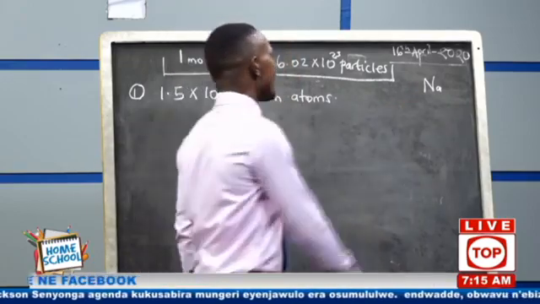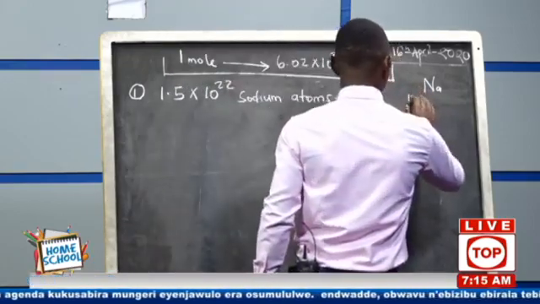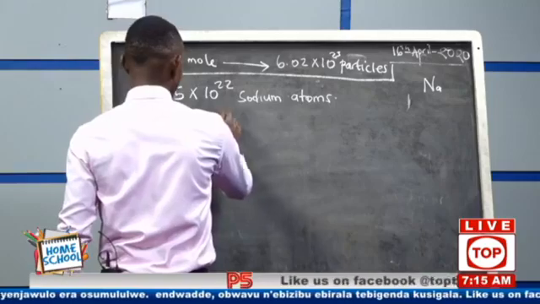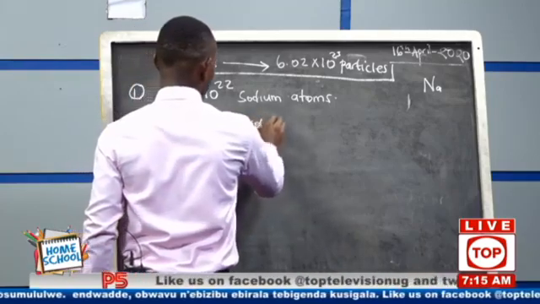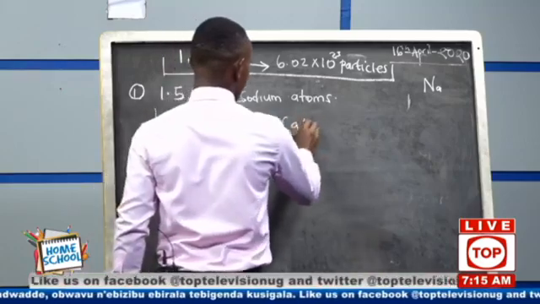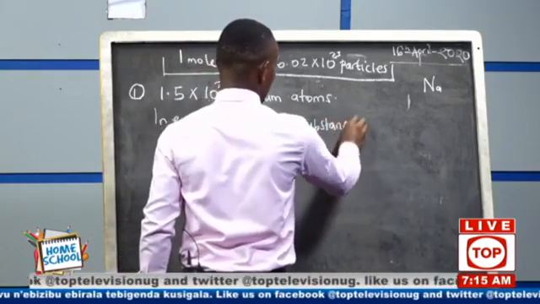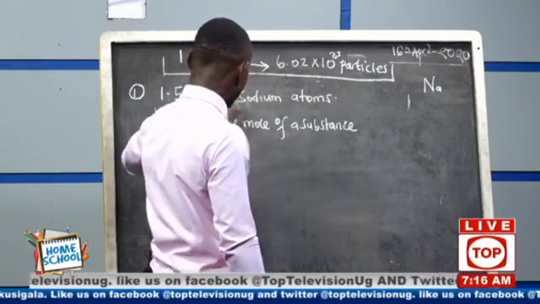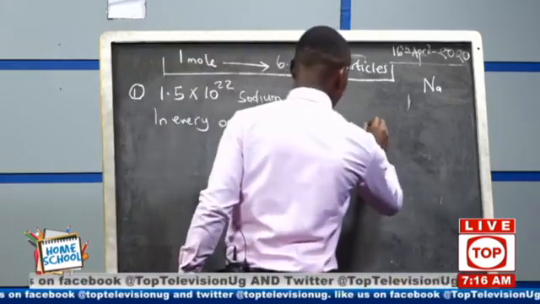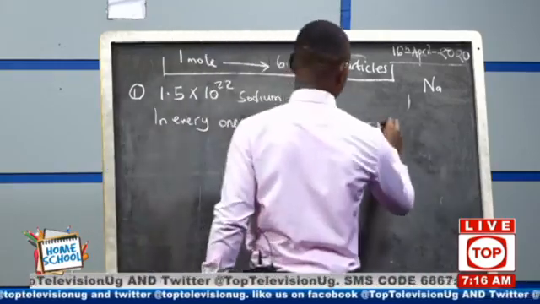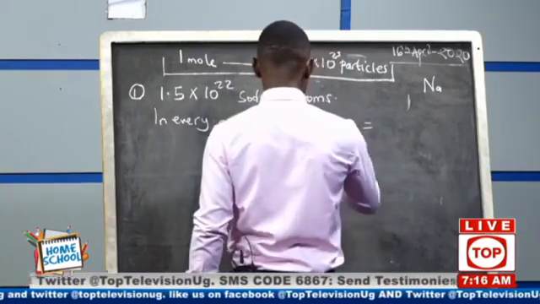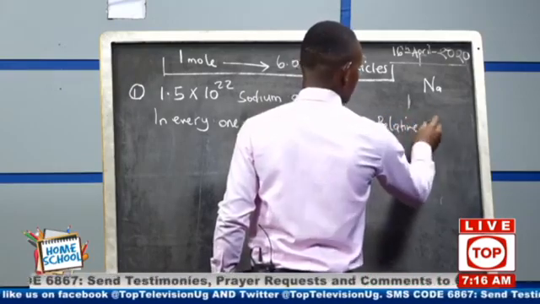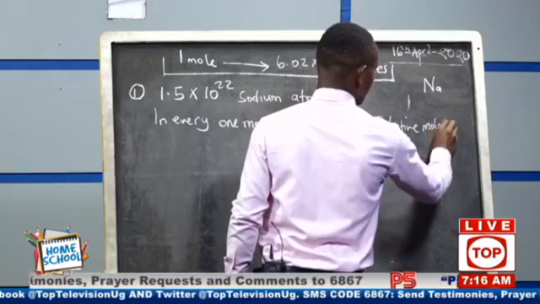That means in every 1 mole of a substance, the mass is equal to its relative molar mass.